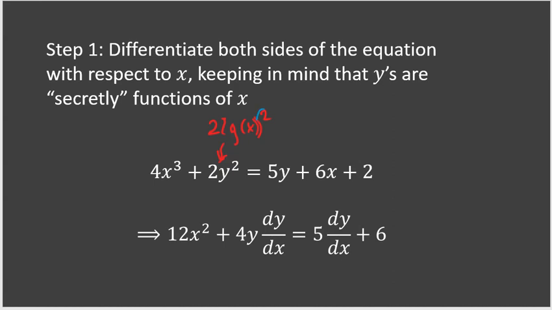So this 2 is going to come down and multiply with that 2 to give me 4, times that g of x raised to a power 1 less than the one we had. So we have g of x raised to the power 1, or just g of x, times g prime of x.